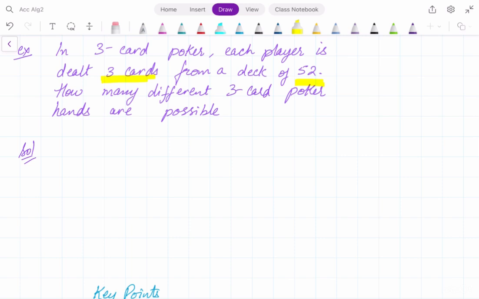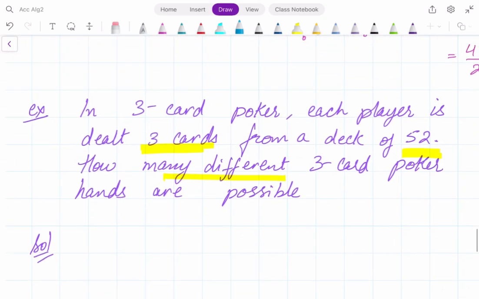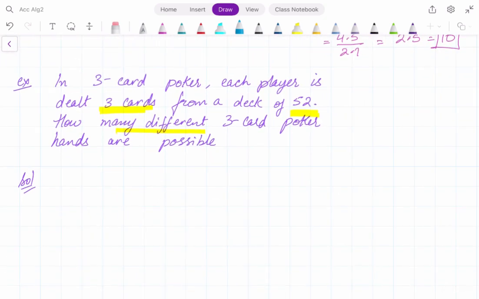And they're asking how many different 3-card hands are possible, right? Again, they are not talking about whether the cards should be given in an order. So the order will not matter. So the number of cards is 52, and we are looking for 3 cards. So r is 3. So it is a case of combination again.